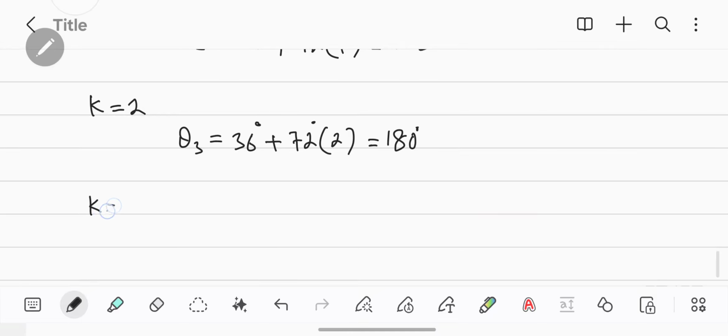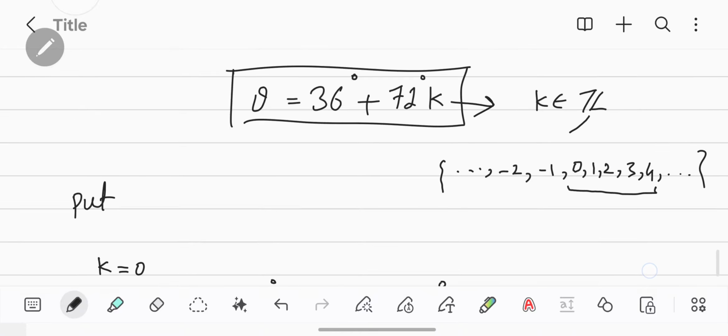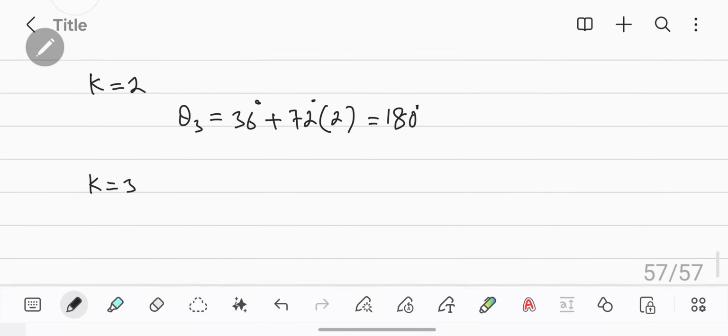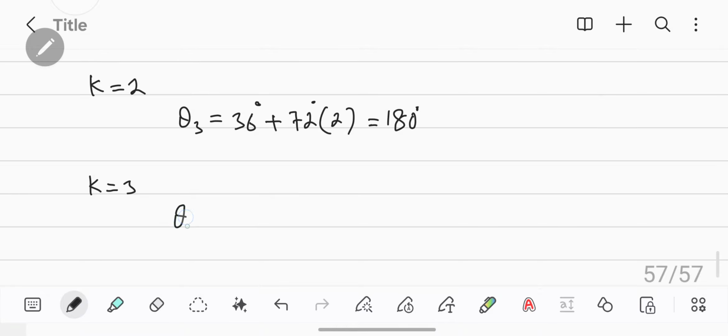Now for k equal to 3, because you have to plug 5 values, theta 4 is equal to 36 plus 72 times 3, which, if you calculate from the calculator, you will get 252.